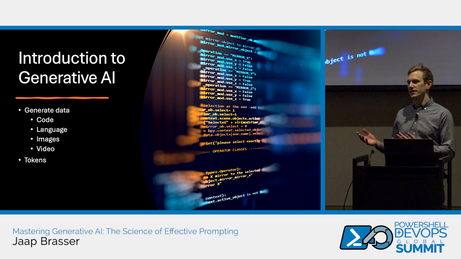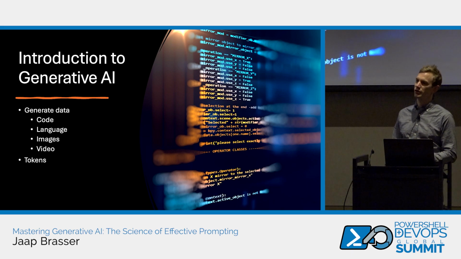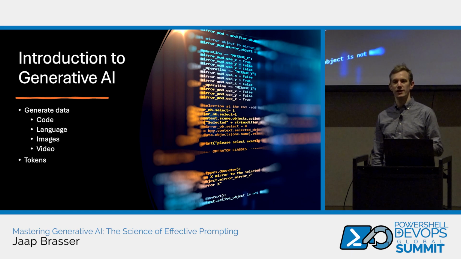But it can also generate images and video. The video one, for those of you who are not familiar with the work that OpenAI is doing there, Sora is the latest one that they haven't publicly released yet, but that one made some pretty impressive videos.